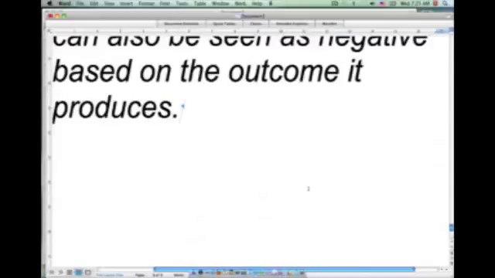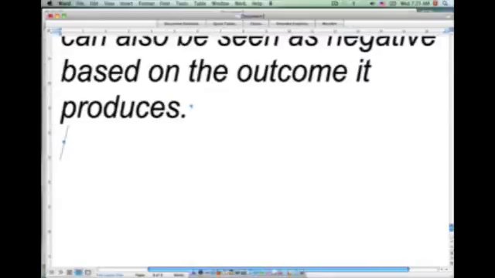Okay, now moving on to our concluding paragraph. So pretty standard, just use some of your stock phrases.